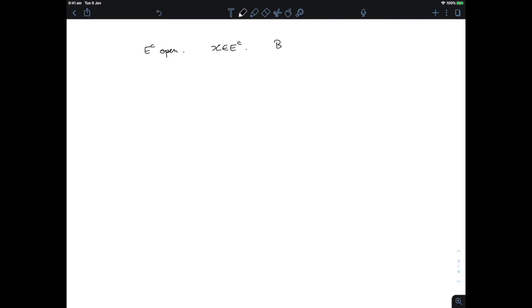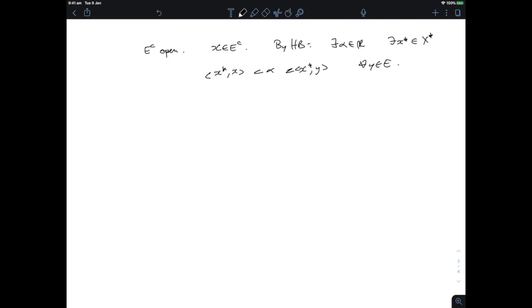So by Banach theorem, I could strictly separate that x from E. So I could get that there exists an alpha in R, and there exists an x star, separating by hyperplanes, such that x star x is smaller than alpha, and alpha is smaller than x star y for all y in E.